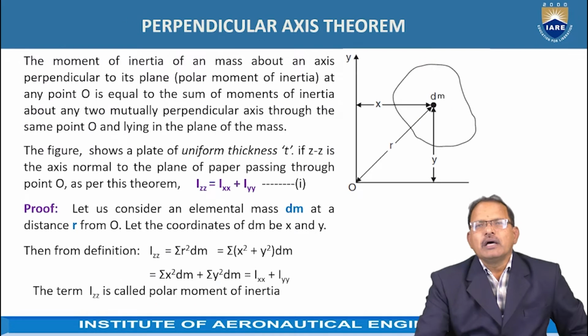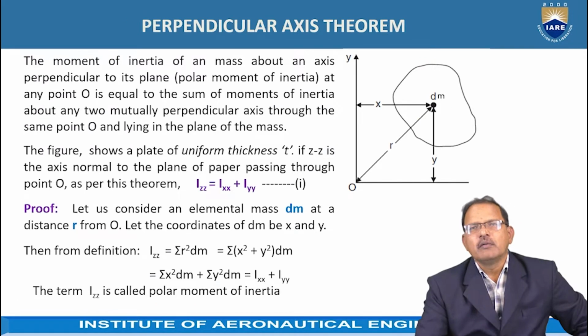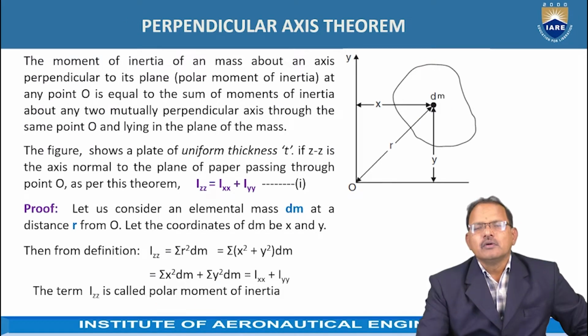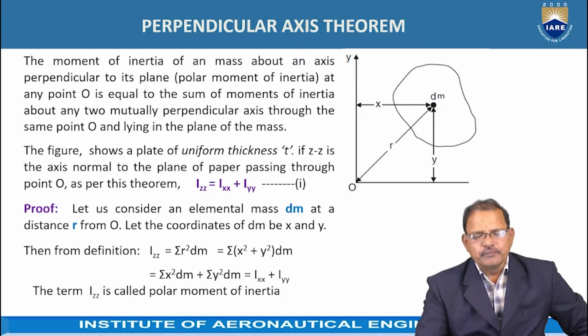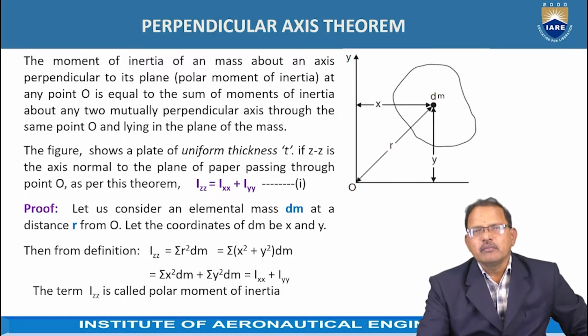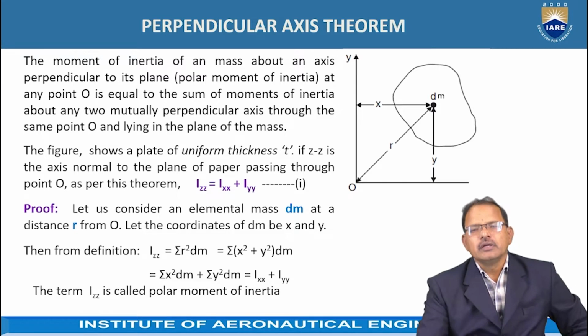Similarly, the mass moment of inertia about an axis perpendicular to the plane at a given point is equal to the sum of the moment of inertia about any two mutually perpendicular axes through the same point O lying in the plane of the mass. This law is known as the perpendicular axis theorem.